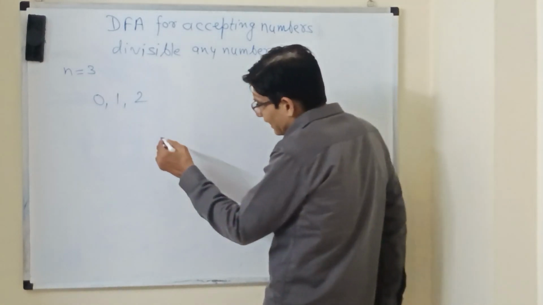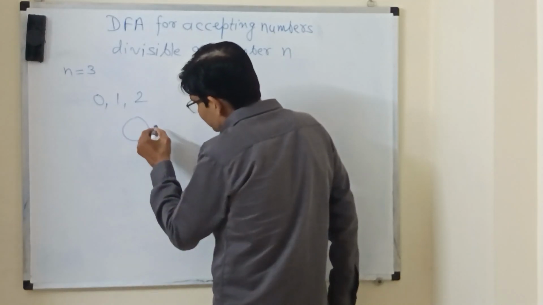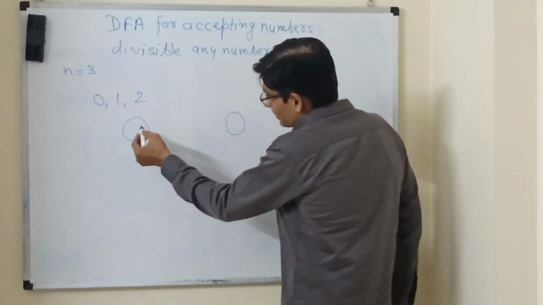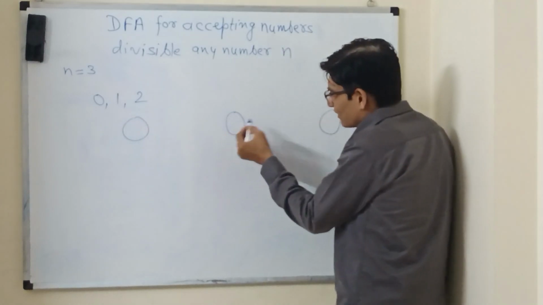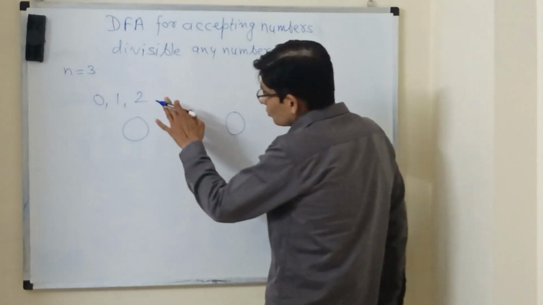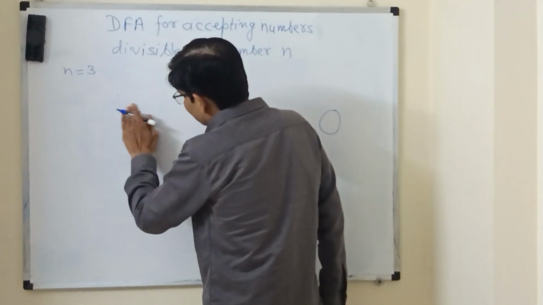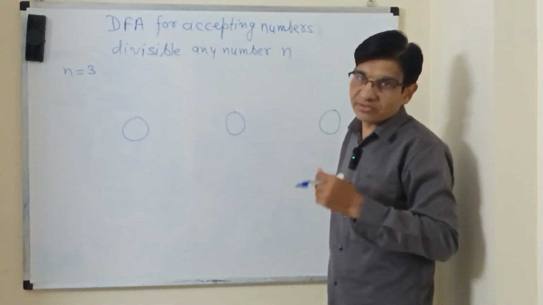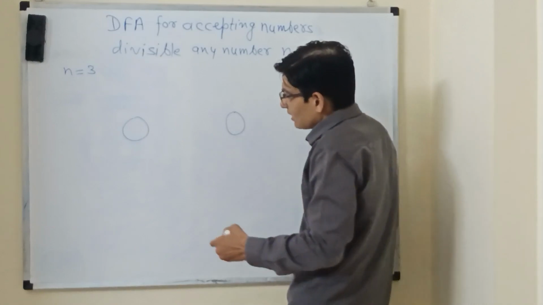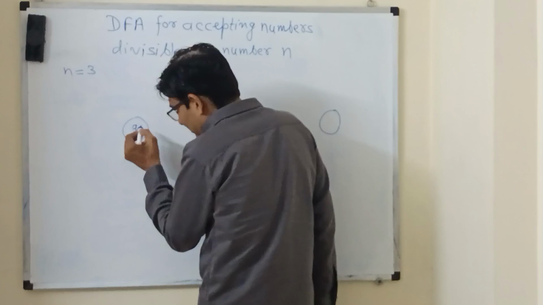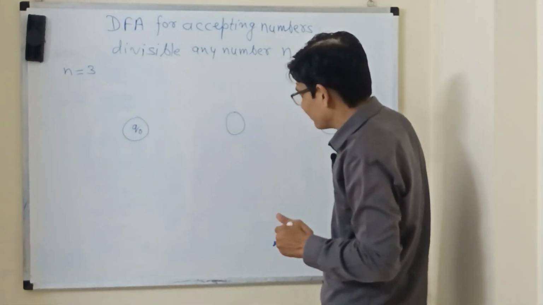So now we will have here 3 states: a state for remainder 0, a state for remainder 1, and a state for remainder 2. Suppose this state is q0, the name I have assigned.